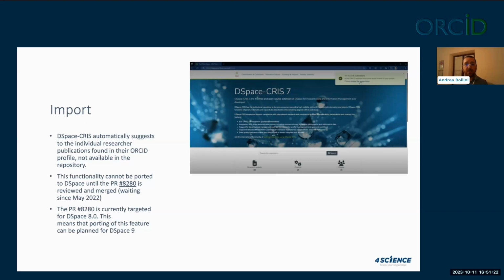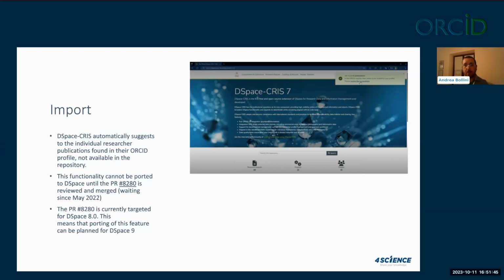And this is done in two different mechanisms. If you just have the member API, we are polling the ORCID API to discover new content. If you have access to the premium ORCID API, we will take advantage of the webhook feature of ORCID to provide this information in near real time.